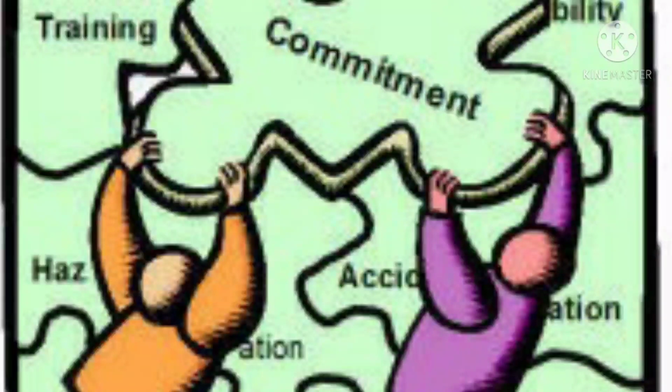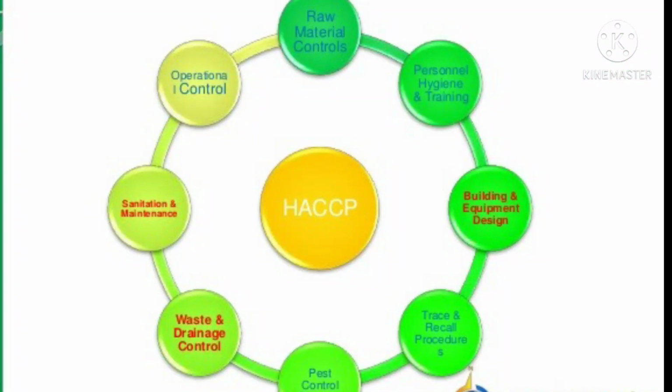The successful implementation of HACCP requires the full commitment and involvement of management as well as the workforce. Good hygiene practices are the prerequisite programs for the application of HACCP in a food business organization, which I have discussed in detail.